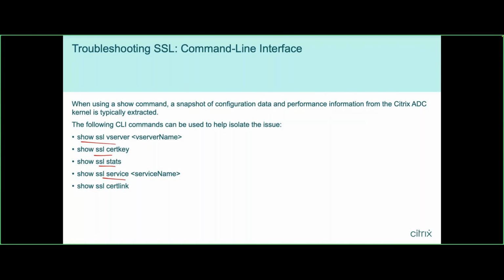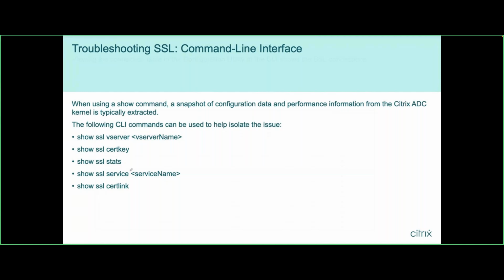These are just command lines to see which SSL virtual server you're using, to show you the keys, and to look at the SSL stats and SSL service. That you can even do from the GUI.